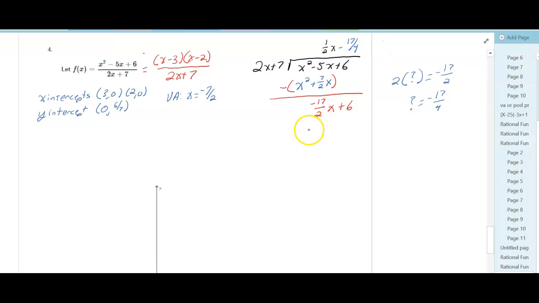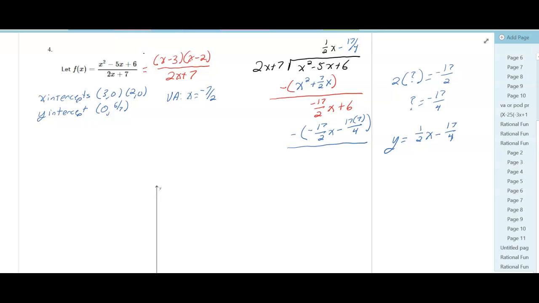When you multiply, you get -17 over 2x minus 17 times 7 over 4. I could use my calculator and multiply that out. When you subtract, what's left is the remainder. So at this point, I'm going to stop because I know the slant asymptote is 1/2 x minus 17 over 4. And 17 over 4 is around 4.25, and we're going to use that when we graph.